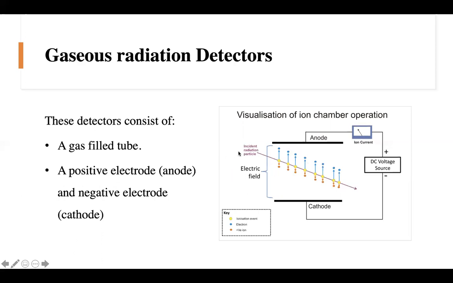When the radiation interacts with the gas, it ionizes the gas and produces ion pairs. Because of the electric field applied on the gas, the cathode will attract the positive ion, and the anode, which is the positive electrode, will attract the electron.